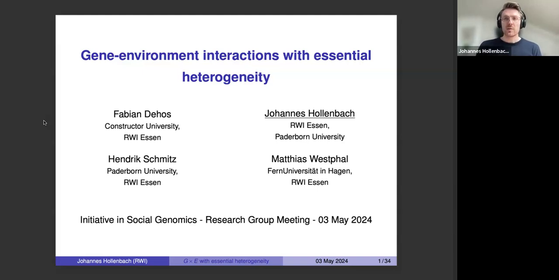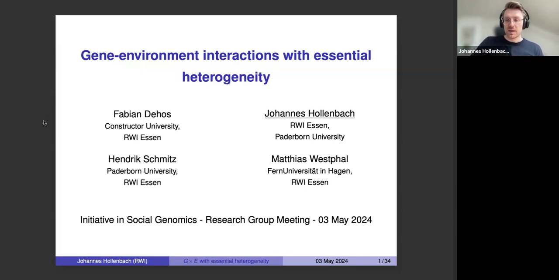Maybe a little bit about how this paper developed. We started out being interested in cognitive decline, cognitive performance over the life cycle. As economists, we were mostly interested in how the choices you take lead to your cognitive performance later in life. Then it evolved into us being interested in the genetic component of that.